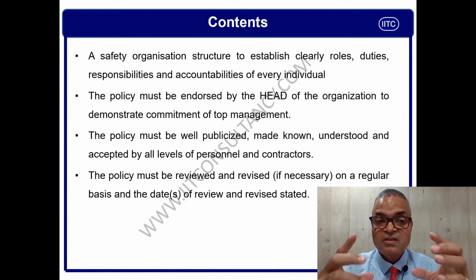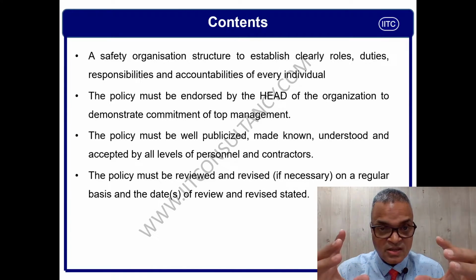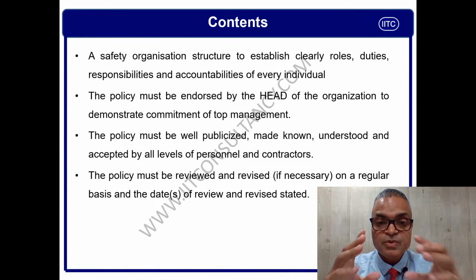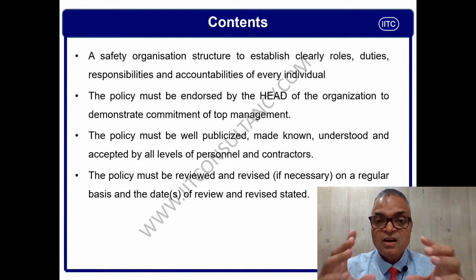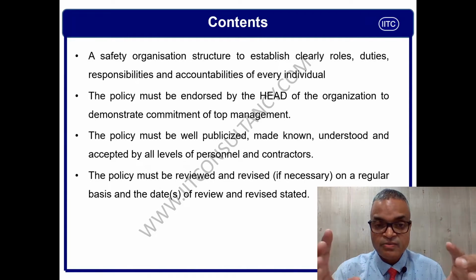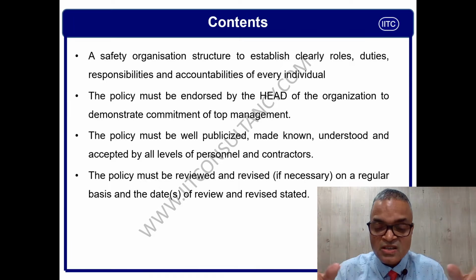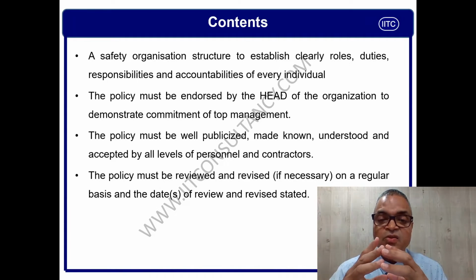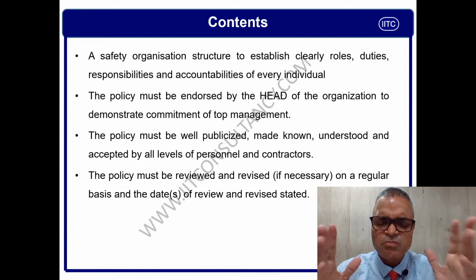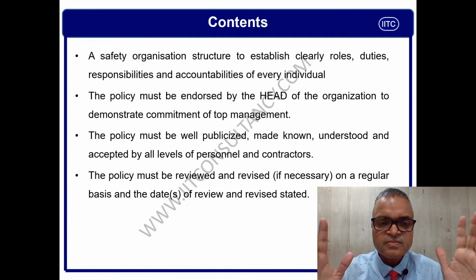Once it is signed by the top management, it must be printed in the local language, a language people can understand, and it must be known and understood by everyone. Whether he is a contractor or a supervisor, a regular employee or an irregular employee, it does not matter. It must be known to everyone.